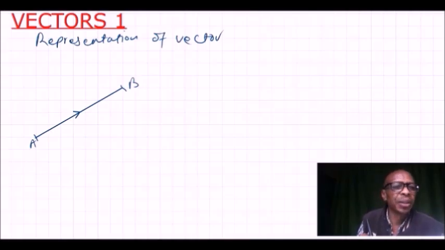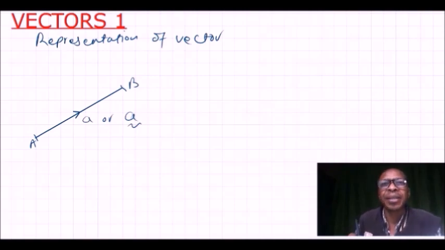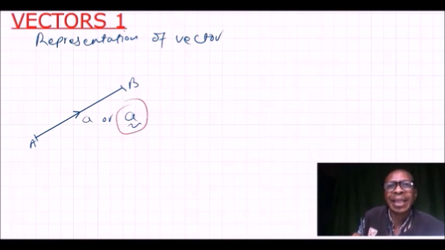We can call this vector A, or we also use A with a zigzag line underneath. Whenever you see this zigzag line, you understand it is a vector. So when you draw a vector, you must indicate the direction.